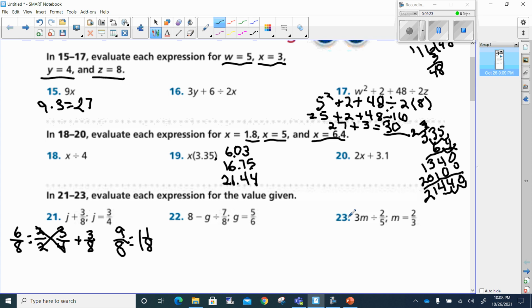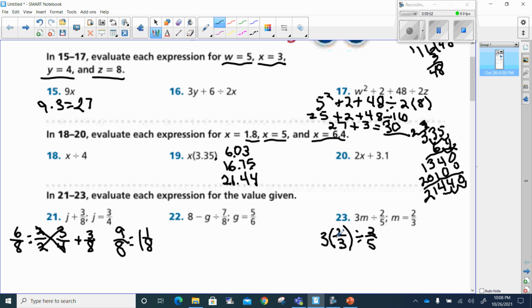All right, let's go to number 23. 3m divided by 2/5 when m equals 2/3. Okay, so this would be 3 times 2/3, and we're dividing it by 2/5.